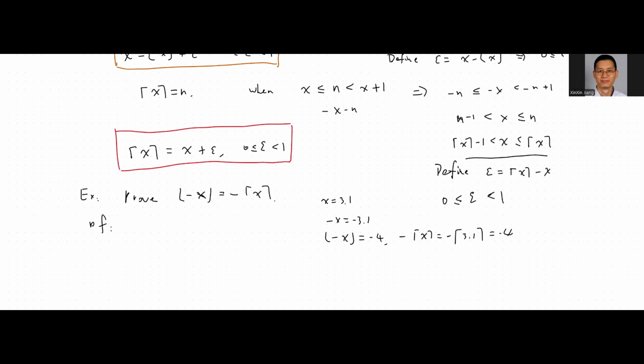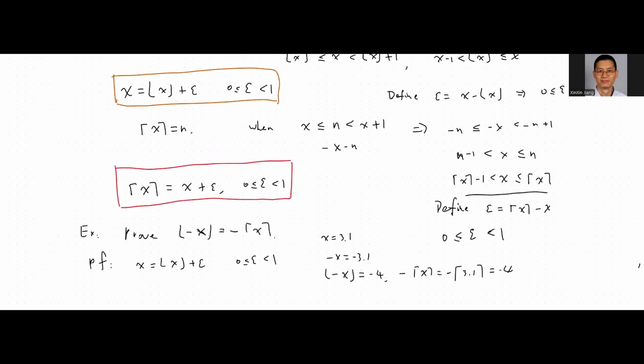Okay, so here x is any real number. I'm going to use this equation directly for the floor of negative x. So the floor of negative x equals negative x, which is like x here, minus epsilon.